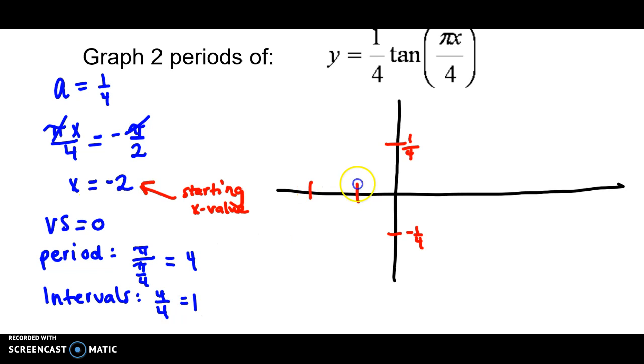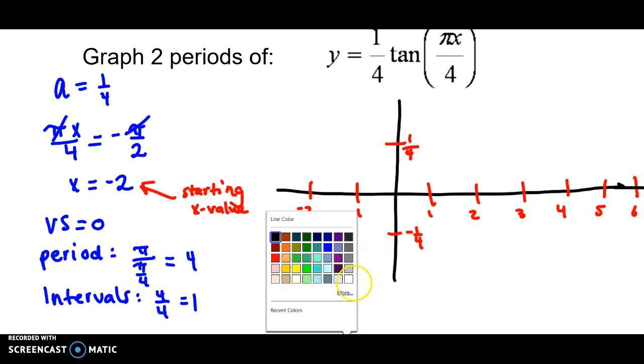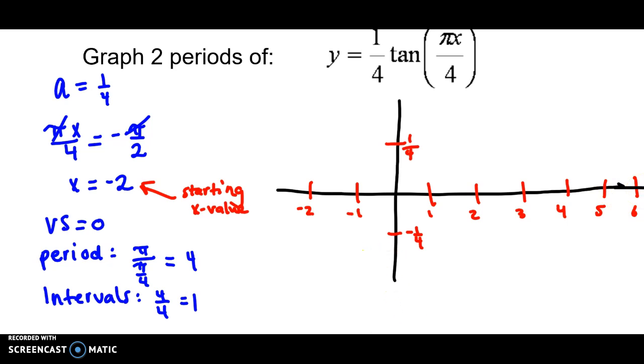So I'm going to go negative 2, negative 1, 1, 2, 3, 4, 5, 6. I'll extend that line a little bit. Perfect.